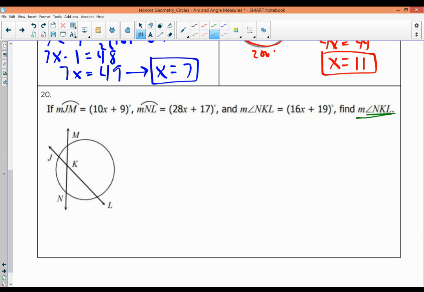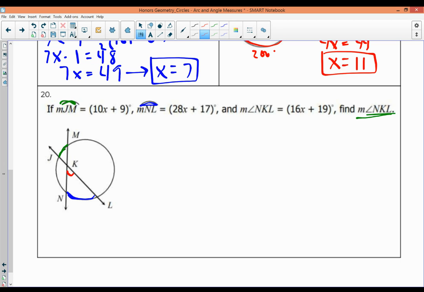The measure of arc JM is 10x plus 9. The measure of arc NL is 28x plus 17, and the measure of angle NKL is 16x plus 19. Find the measure of angle NKL.